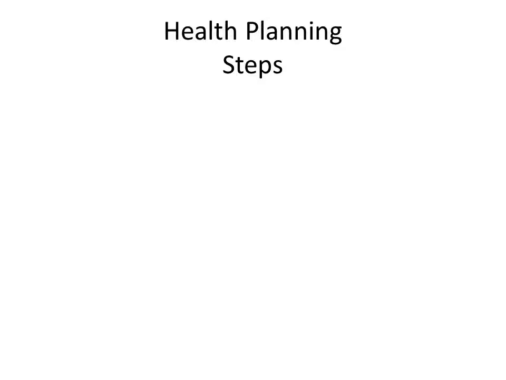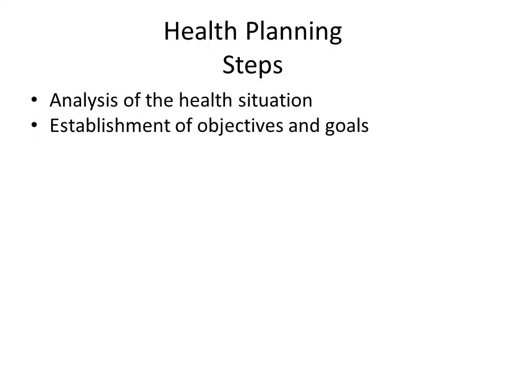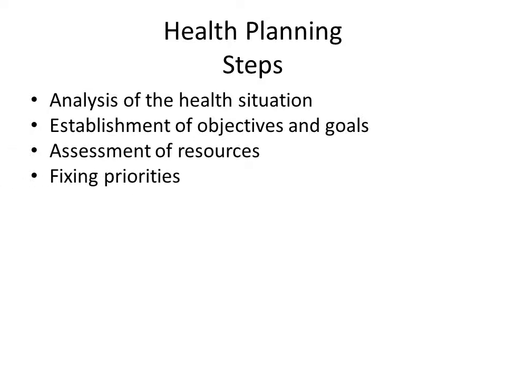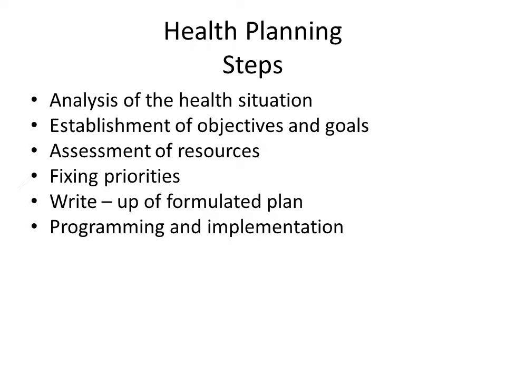The steps in health planning have been enumerated below. We shall discuss these steps in a little more detail in the following slides, followed by an example to further clarify the concepts. The steps are: first, analysis of the health situation, establishment of objectives and goals, assessment of resources, fixing priorities among both the objectives and the alternative solutions, write-up of the formulated plan, programming and implementation, monitoring, followed by evaluation.